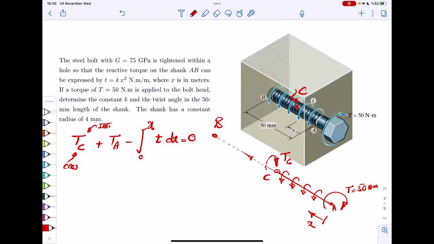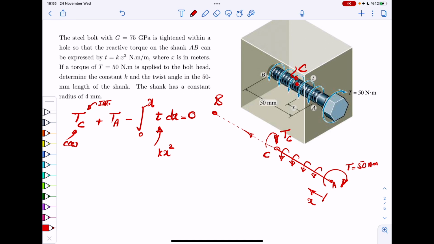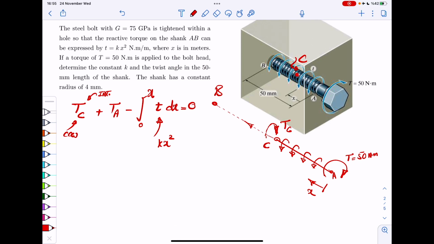Now, t itself is kx squared, all right? So you can calculate this, our internal t at any x, plus TA, which is 50, minus the integral from 0 to x of kx squared dx, is 0.